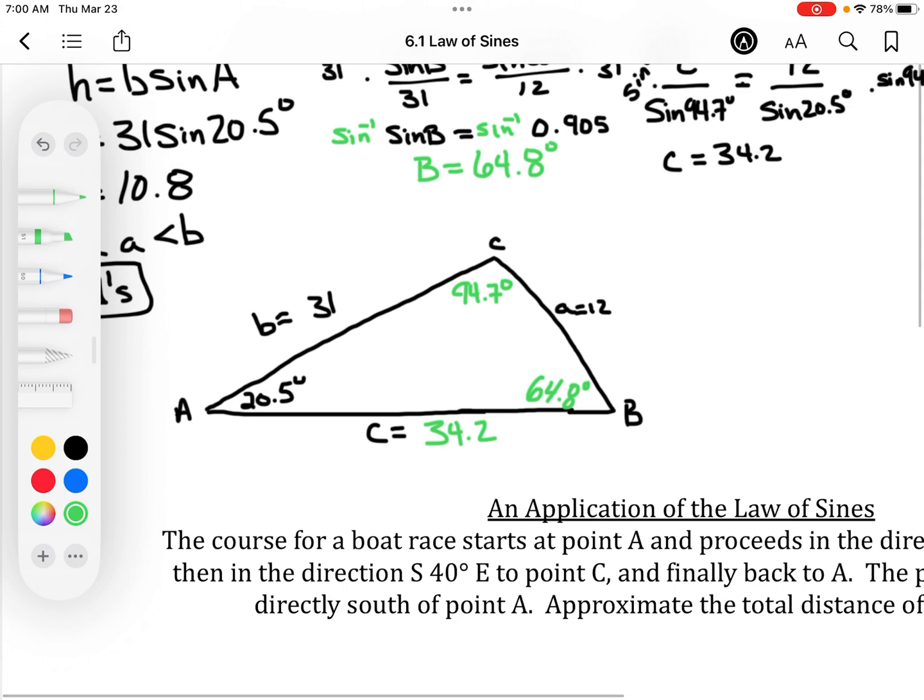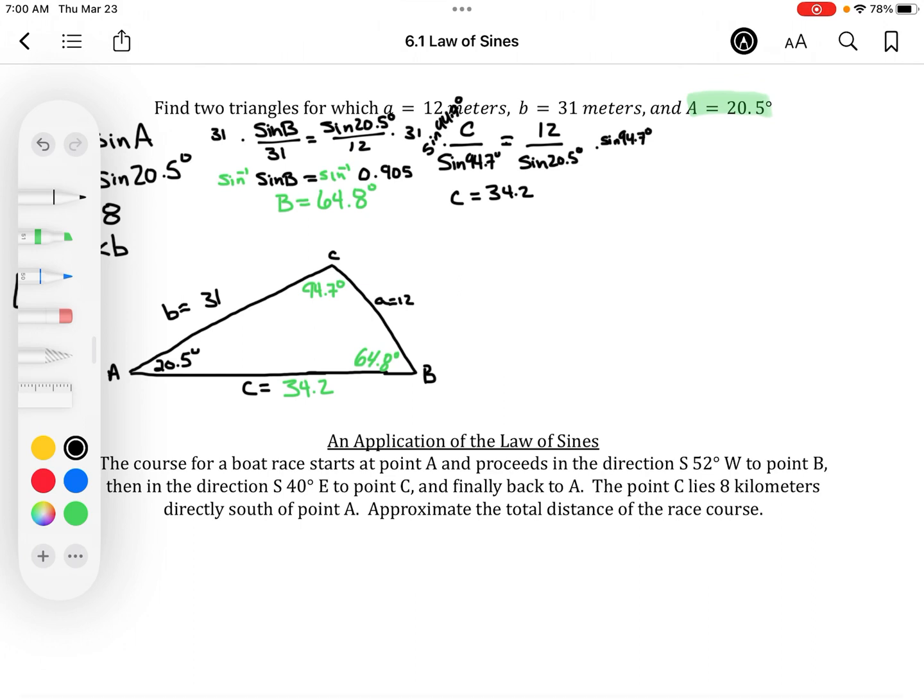So using those initial conditions, B is 31, A is 12, and angle A is 20.5, this is one triangle that could be made. Now there's a second triangle that could be made, and that one always looks like this.